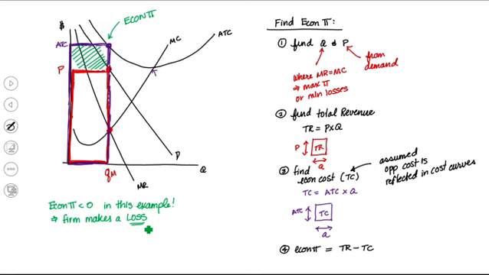I could do better in my next best alternative, right? So remember, let's make a little note to ourselves. In the long run, you would want to exit. And why would you want to exit? Think about it. Because you can do better in your next best alternative.